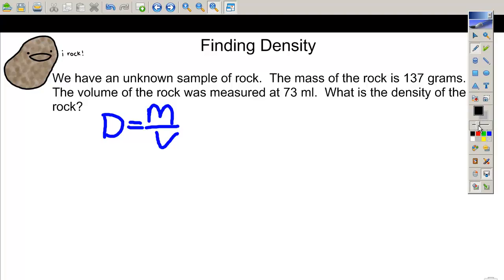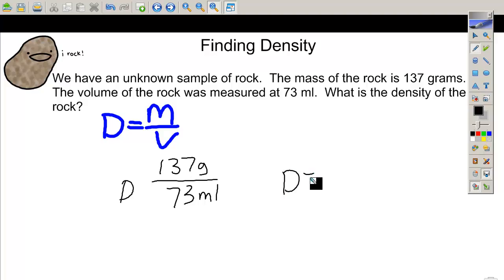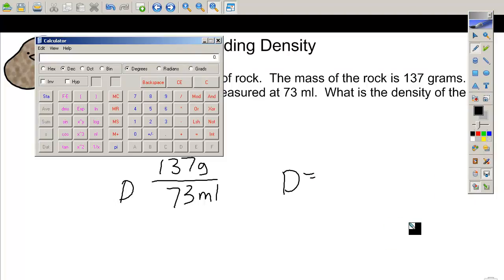The mass is equal to 137 grams. The volume is equal to 73 milliliters. So our density then is equal to the fraction there. So what we can do is go ahead and use a calculator, and we can type in 137 divided by 73, and that equals 1.8767, and then it goes on with some other numbers.